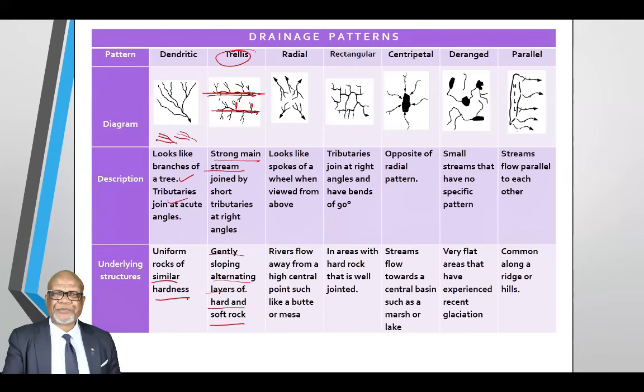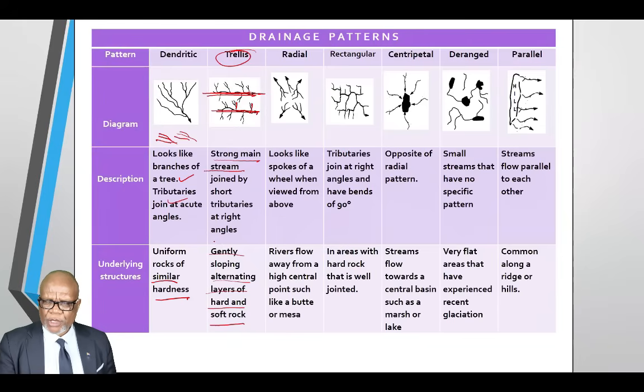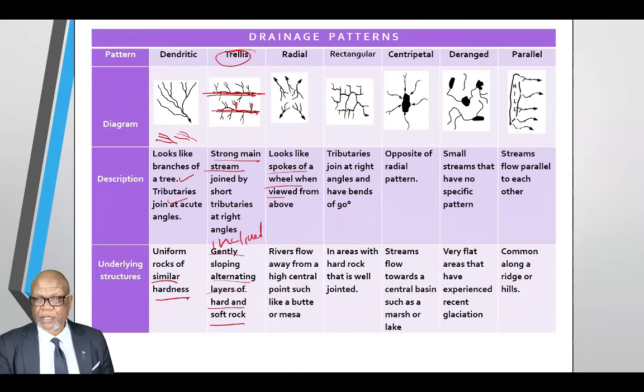Sometimes you can also say it is found where you have inclined strata. And now radial, like the name says, it radiates from the high point. It looks like the spokes of a wheel viewed from above, and rivers flow away from a central point.